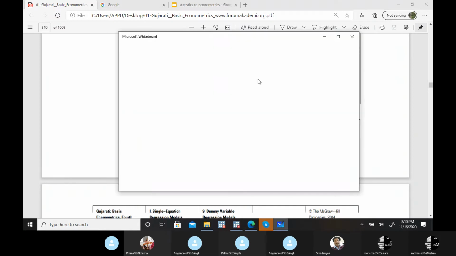Let me explain this with the notepad once it opens. Wait, Gagan, I'll come to that. First, try to understand how we put them in the regression model, then the precautions that we have to take while we put dummy variables in the regression.